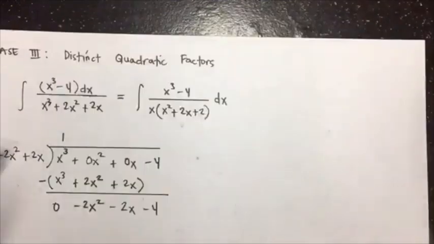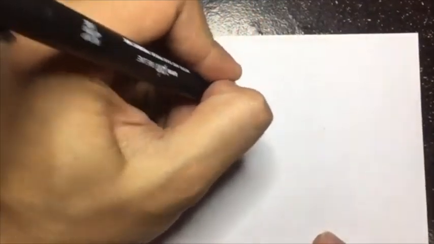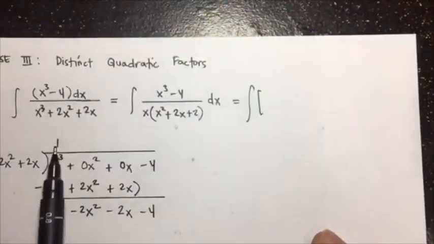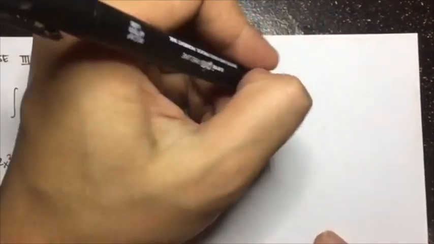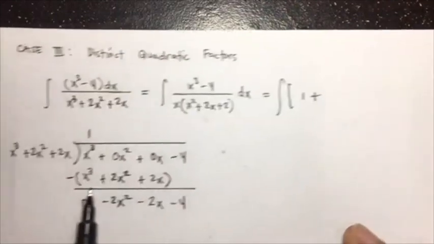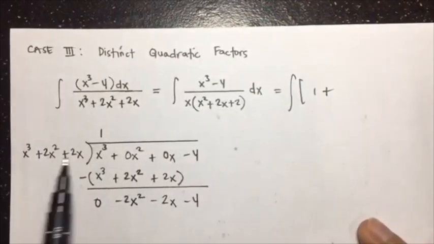So we can write our integrand as the integral of the quotient 1 plus remainder over divisor.